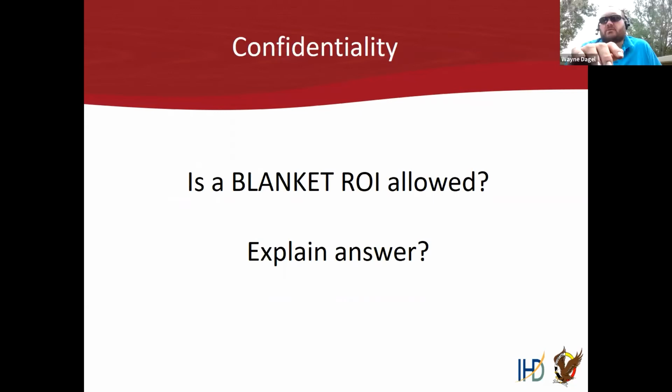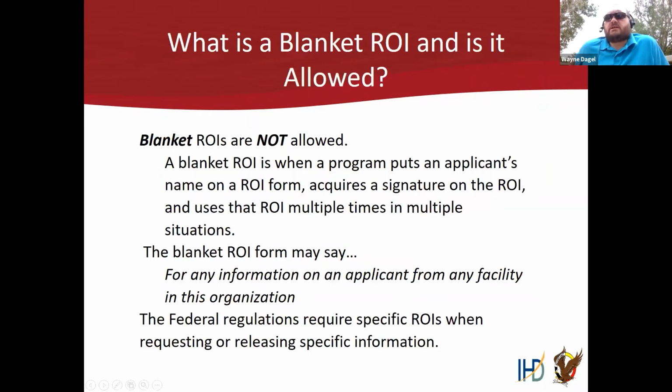So we got a couple of responses here in the chat box too that go along that same line, that it needs to be specific. Go to the next slide, Suzanne, please. It needs to be specific in order to protect the consumer and the applicant. We have to think about the end user, right? When we look at where these ROIs are going, we have to protect our consumers always.